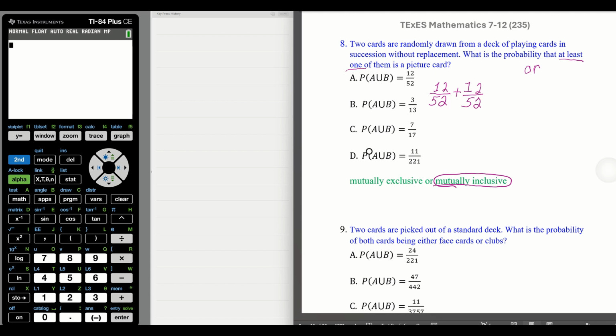What's different is what we subtract. When we subtract, we're subtracting out a repetition. So what we're actually saying is, if we get a picture card on the first try, we want to multiply that by not replacing it.